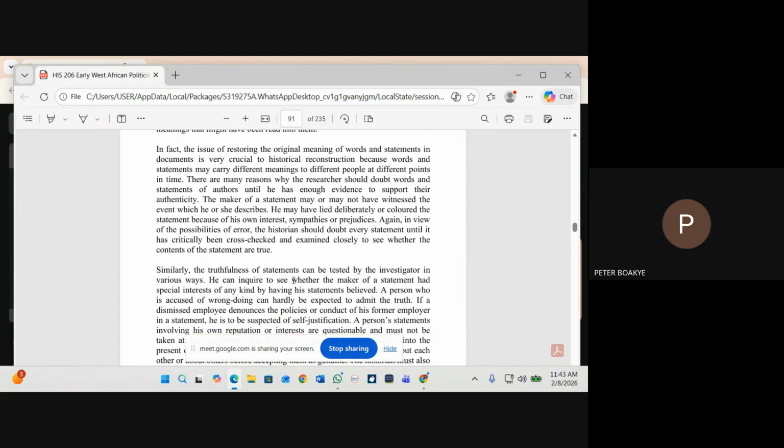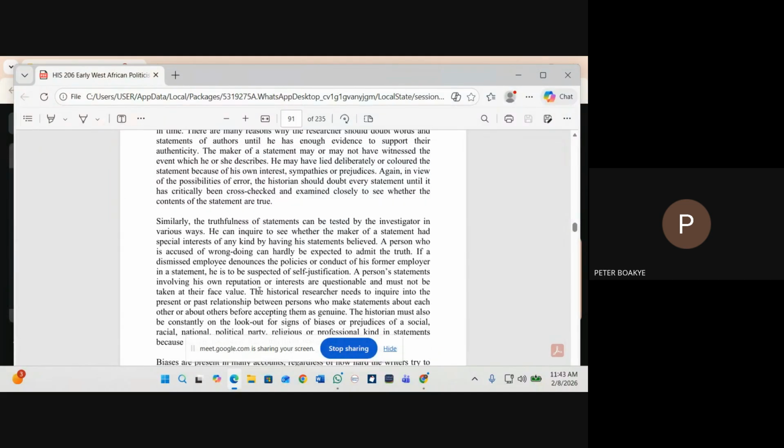There are many reasons why the researcher should doubt the words and statements of authors until he has enough evidence to support their authenticity. One, the maker of a statement may or may not have witnessed the events. He may have lied deliberately. In view of the possibilities of error, the student should doubt every statement.